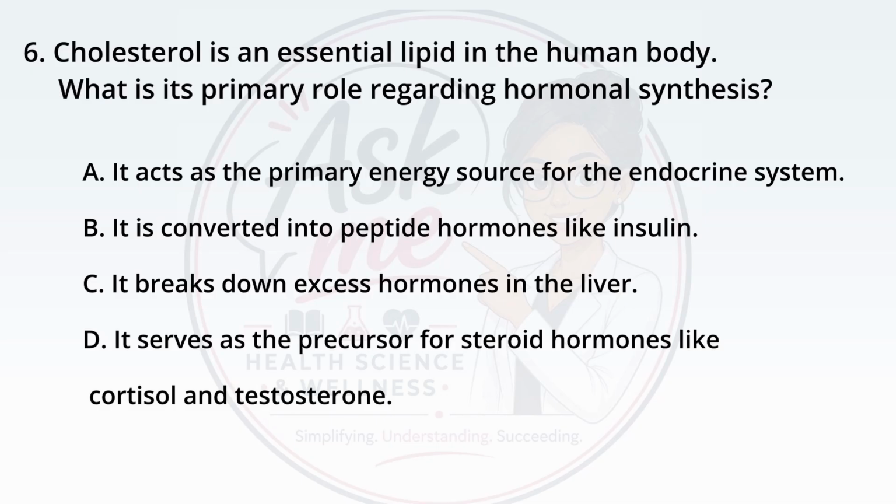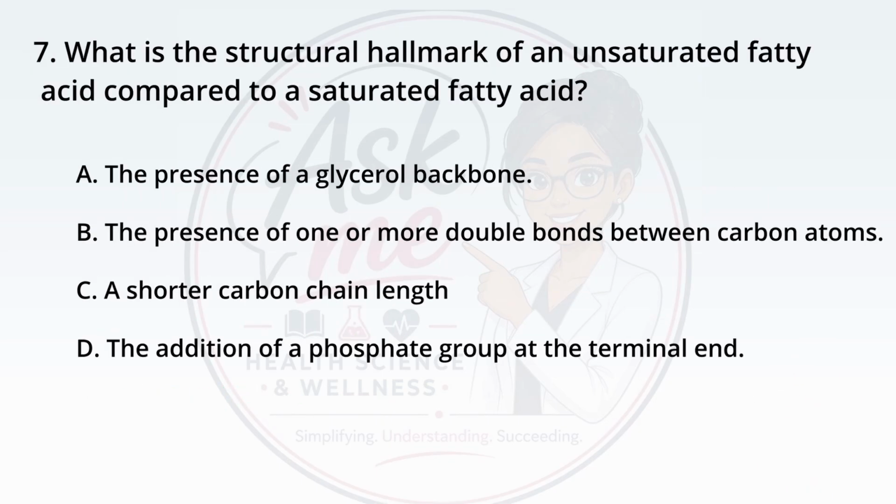Question 6. Cholesterol is an essential lipid in the human body. So, what is its primary role regarding homeostasis? D. Question 7. What is the structural hallmark of an unsaturated fatty acid compared to a saturated fatty acid?